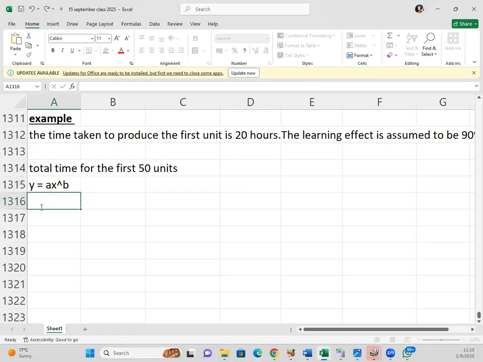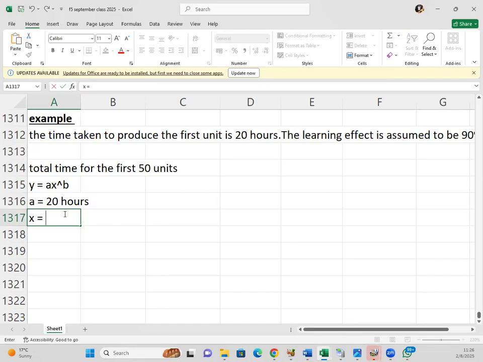In y = ax^b, a is the time for the first unit, so that is 20 hours. X is the number of units.